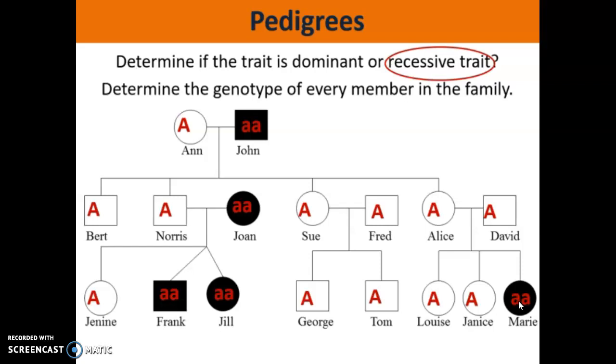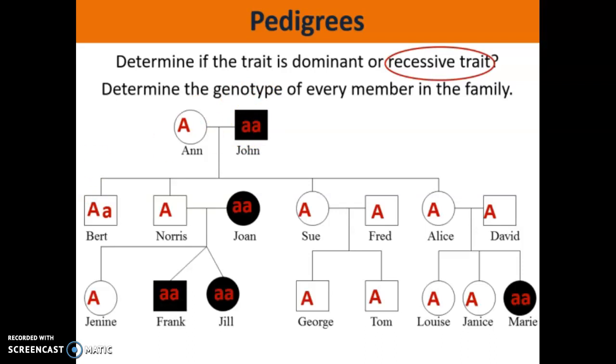If we look at Bert, we know that Bert is awesome. That's why he's a big A. But we've got to figure out what that second allele is. Is he big A, big A, or big A, little a? Well, Bert has to be big A, little a. That's because we know he got the big A from his mom, Anne, but his father, John, only has two little a's, and he's always going to pass one of those little a's onto his offspring.